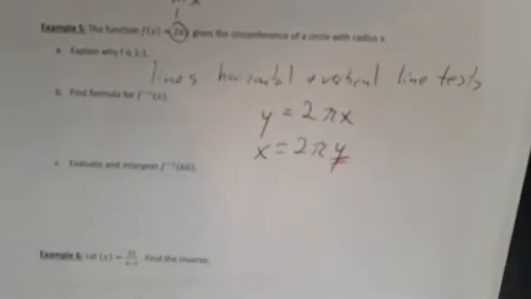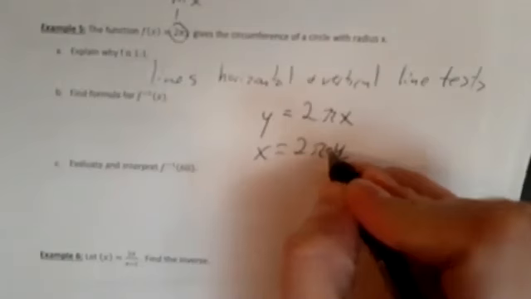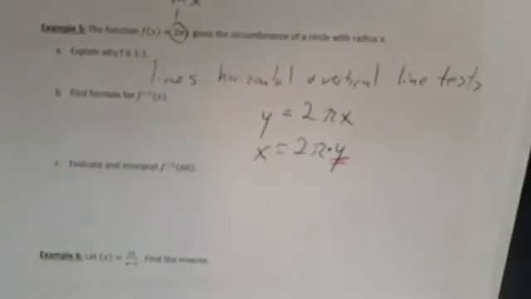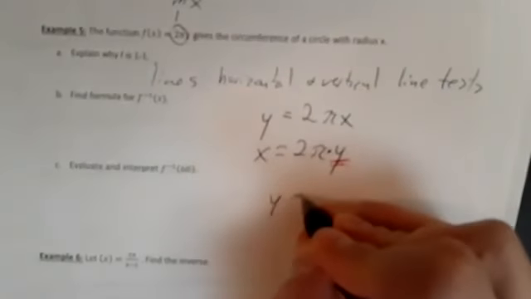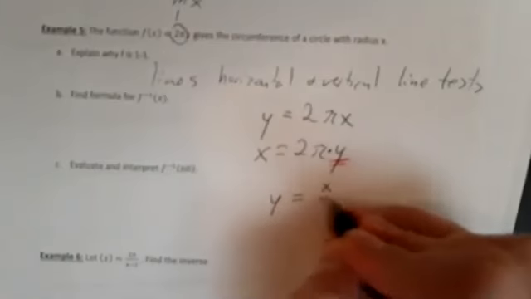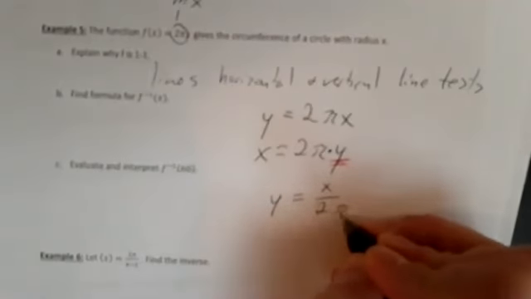If I want to solve for y, 2 pi times y is equal to x. If this is multiplication, we need to divide by this 2 pi. I'll flip the sides: y equals x over 2 pi.